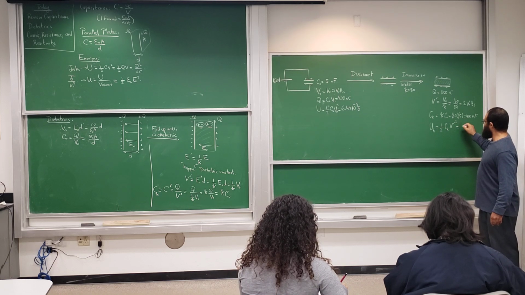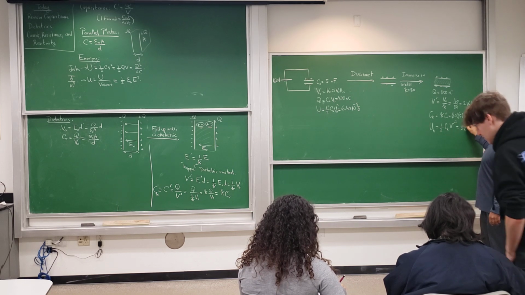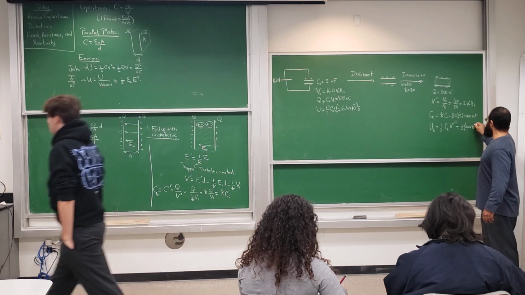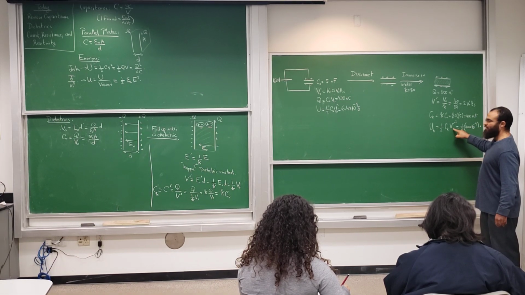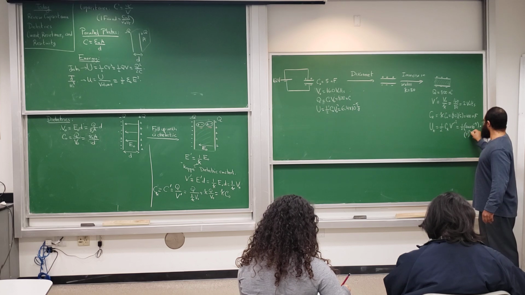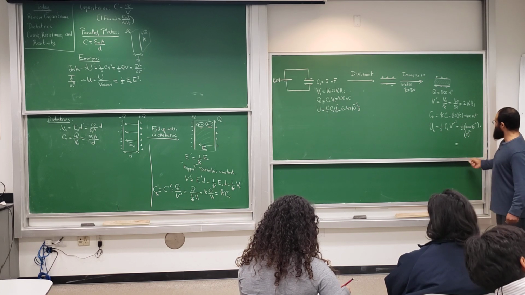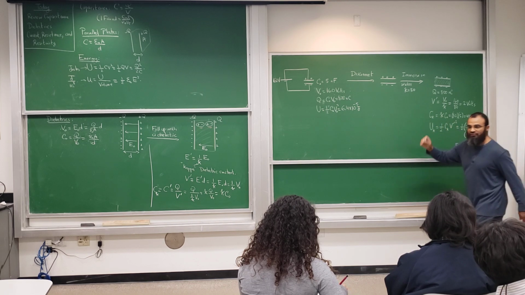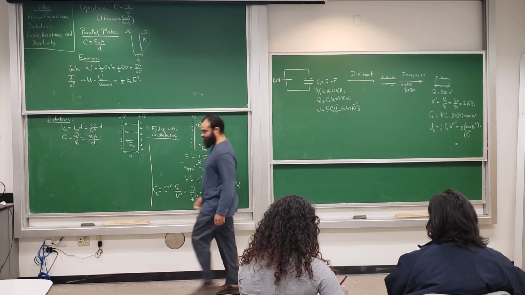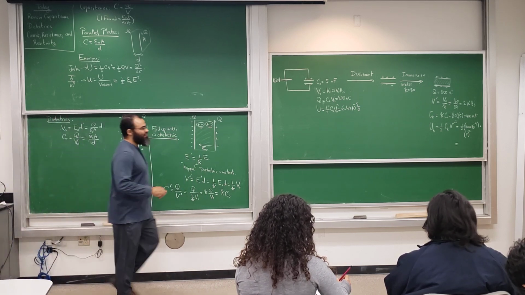So we get 1/2 times C, which is 400 times 10 to the minus 9, times V squared, which is 2 squared. I get 8 times 10 to the minus 7.